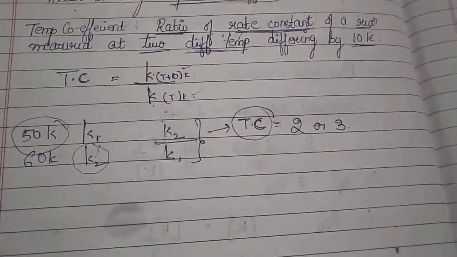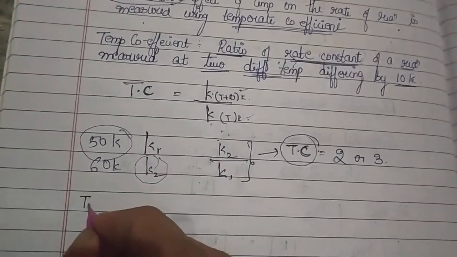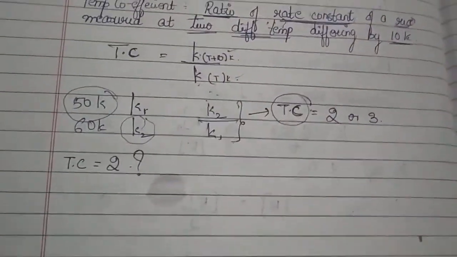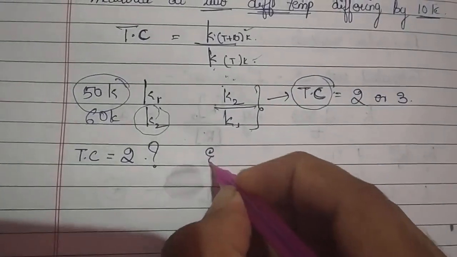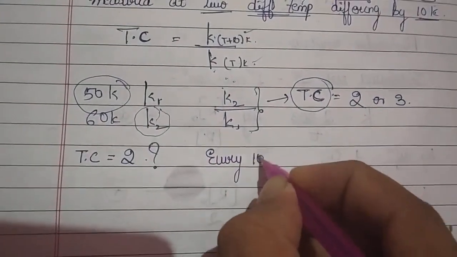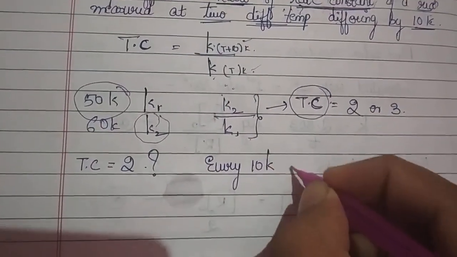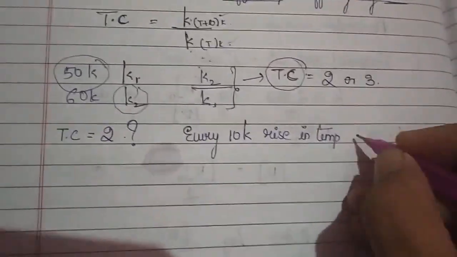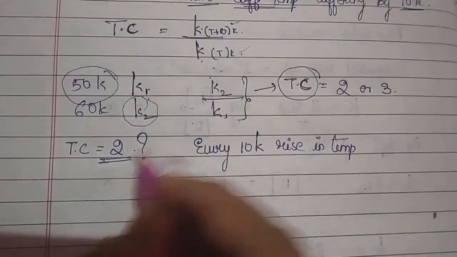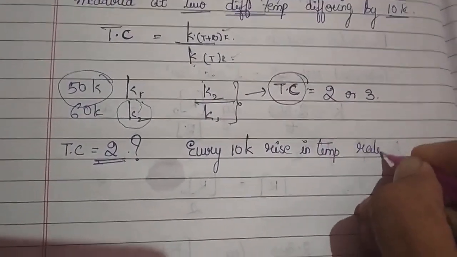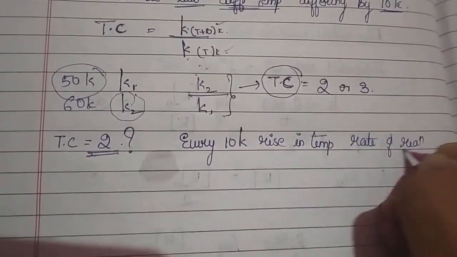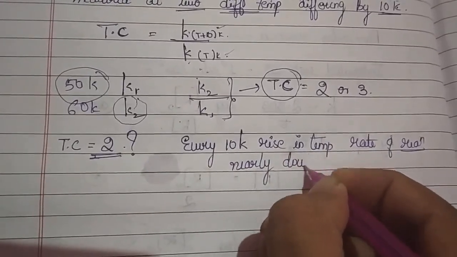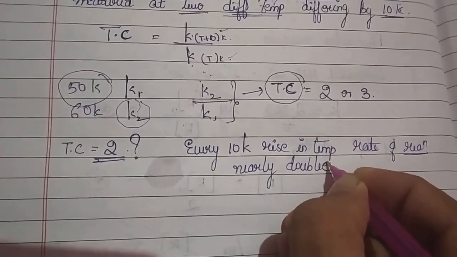Now here is our concept. What does a temperature coefficient equal to 2 mean? For every 10 Kelvin rise in temperature, the rate of the reaction nearly doubles.